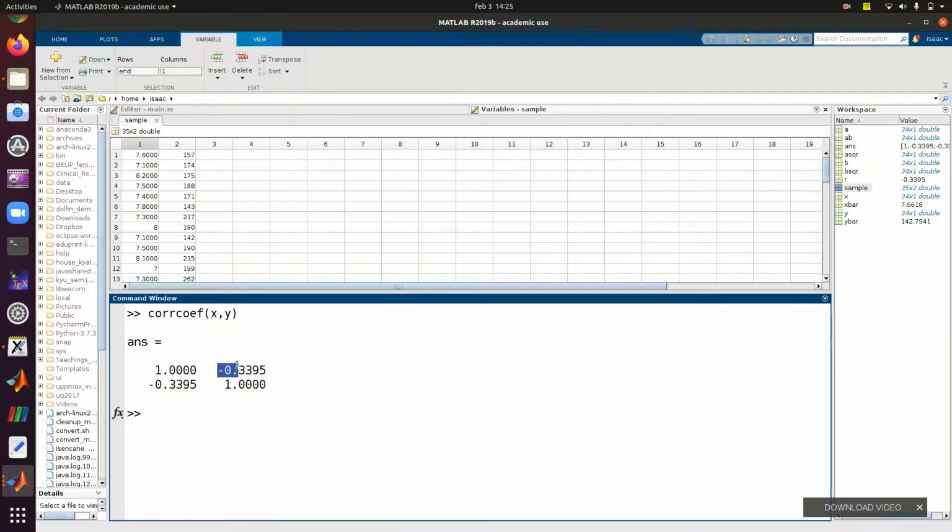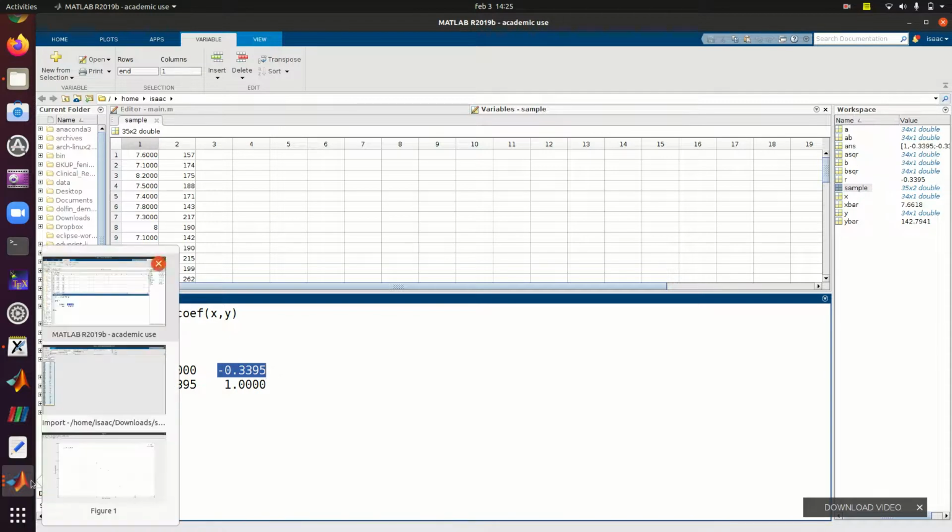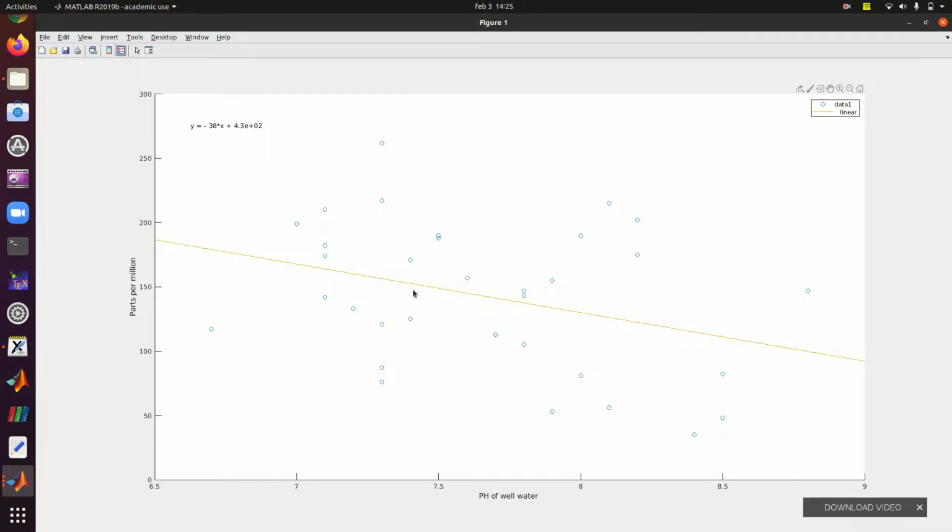So yes, the correlation coefficient between x and y is this one here, negative 0.3395. And indeed, when we had our scatter plot here in our MATLAB, we can see that we had a negative slope here.